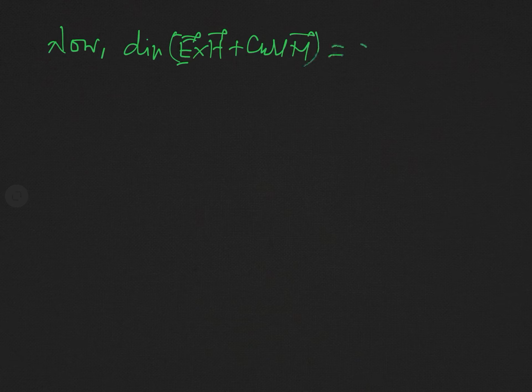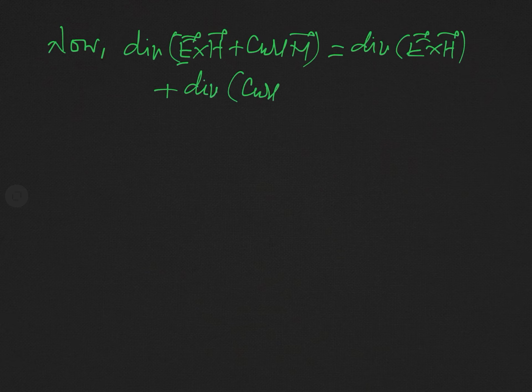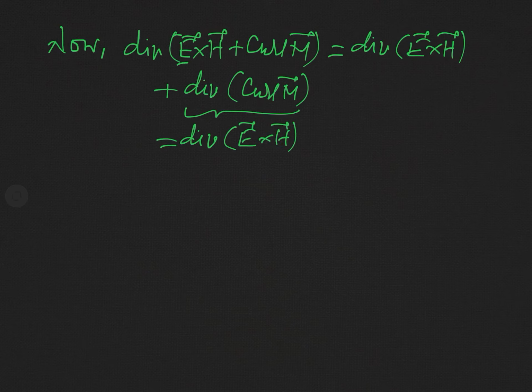This will be the divergence of E cross H plus the divergence of curl of M. And as the divergence of curl of M is 0, this will be simply the divergence of E cross H. So if we consider that this E cross H plus curl M is equal to S, the result will remain unaltered.